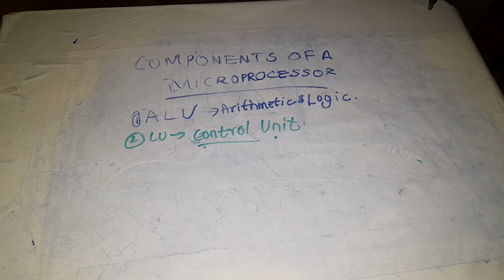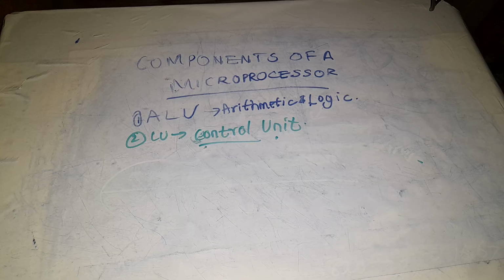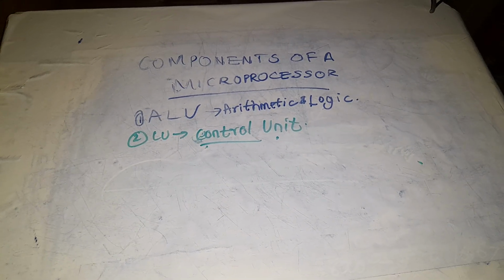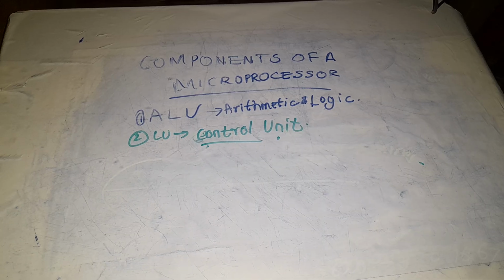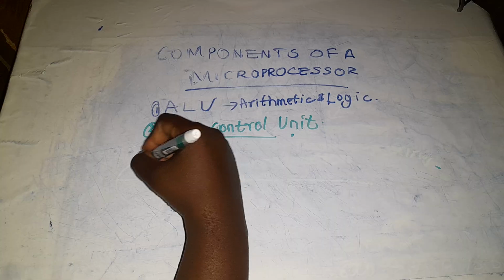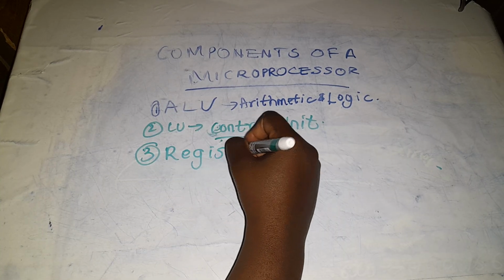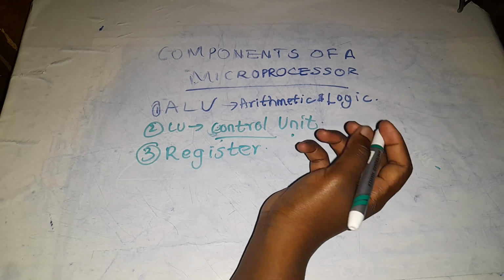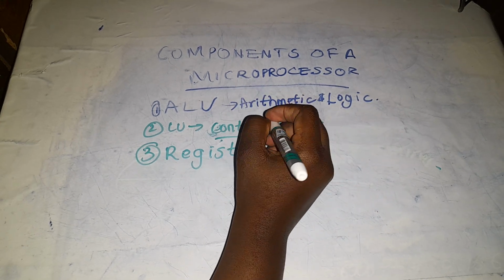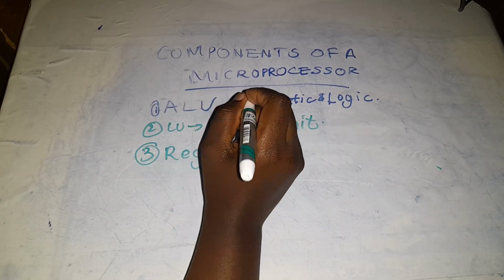Then we can proceed to the next thing, which is registers. Registers are small high-speed storage that hold data for a temporary time, but we're not talking about memory in terms of RAM, because microprocessors do not have memory.